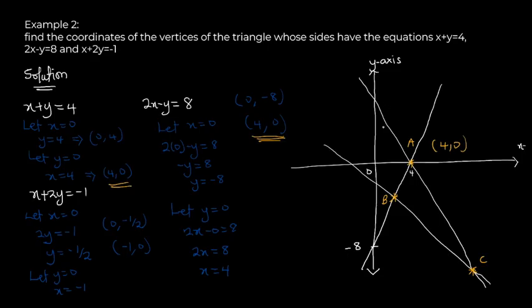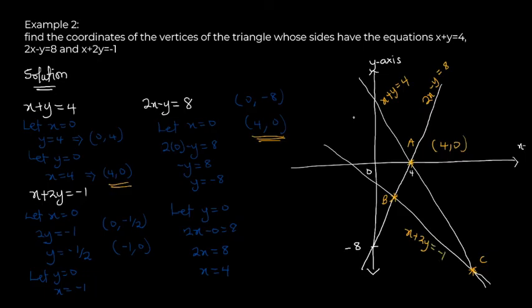So by the way, the line over here is 2x minus y is equal to 8. The one over here is x plus y is equal to 4, and the last one over here is x plus 2y is equal to -1.